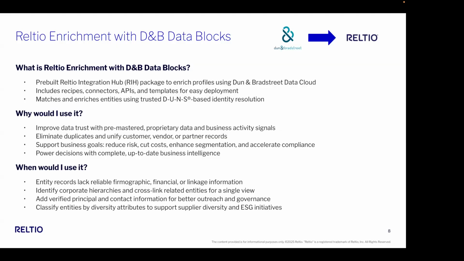You would also embellish that data with verified principals and contact information to ensure better outreach and governance. Additionally, you have a keen interest in classifying your profiles by diversity attributes to support supplier diversity and ESG initiatives.